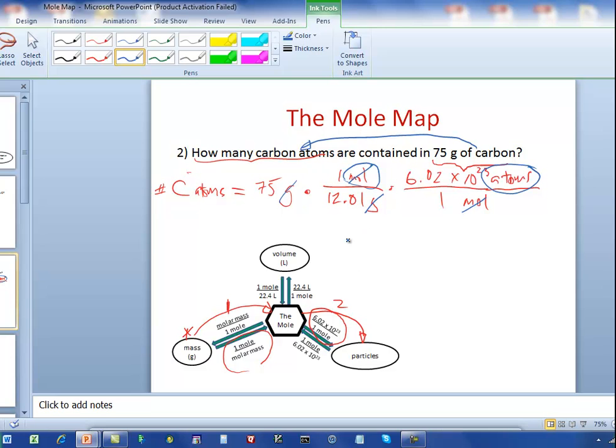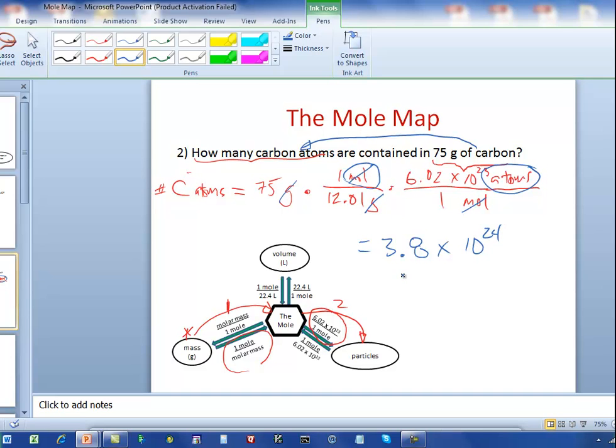Okay, so let's do that. I take 75, divide by 12.01. That gives me 6.24 moles. And now I multiply that by 6.02 times 10 to the 23rd. When I do this out, I get 3.8 times 10 to the 24.